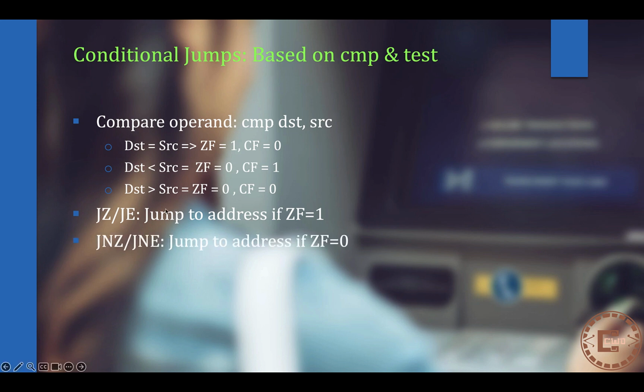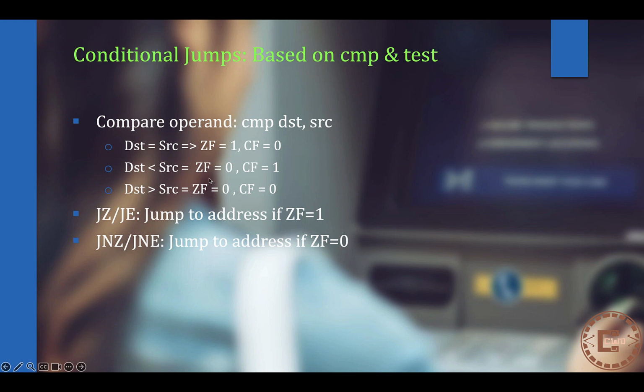Let's see another one. Jump not zero, the same as jump not equal. Jump to the address if the comparison is not the same, meaning the zero flag is 0. Depending on the context, this can be if the destination is less than the source, or greater than the source.